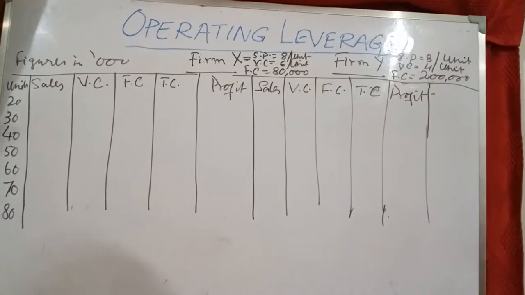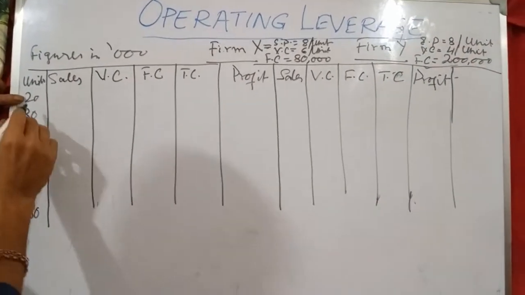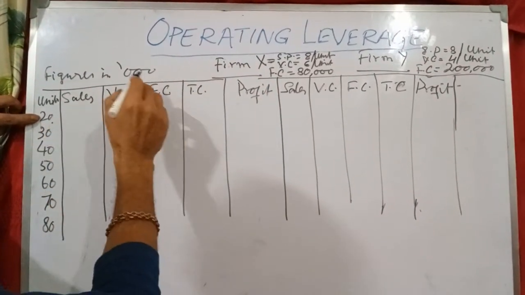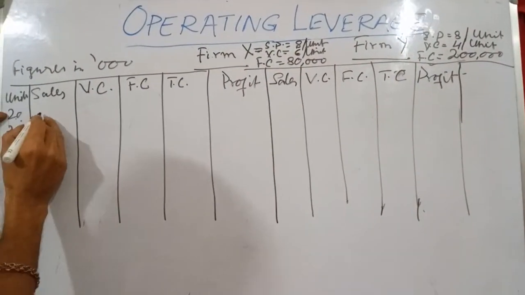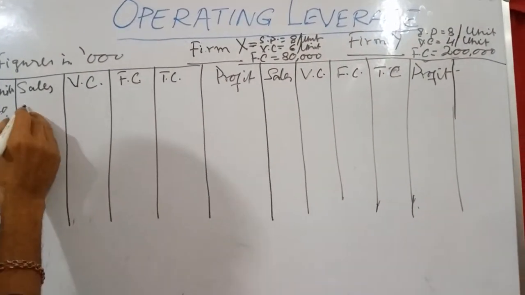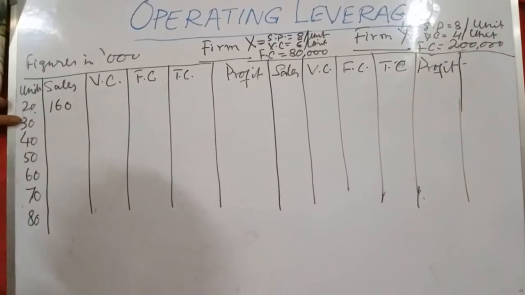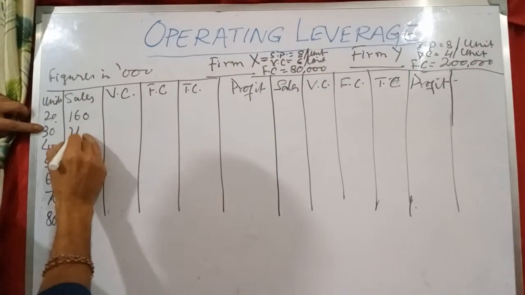Now watch carefully. For 20,000 units, sales of firm X will be 8 into 20,000, that is 1,60,000, that is 160. For 30,000, it will be 8 into 30, 240.